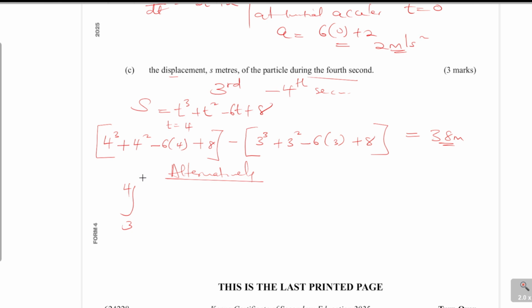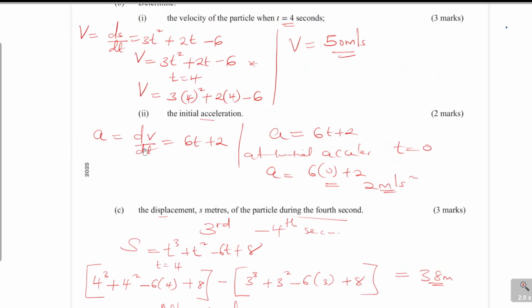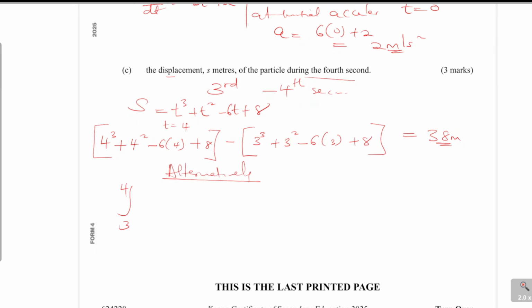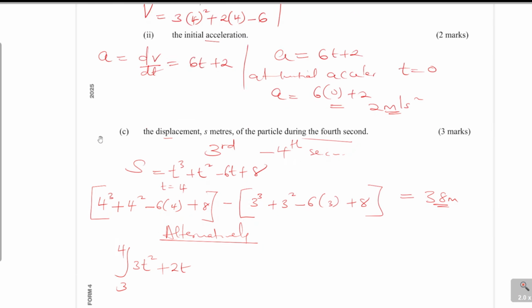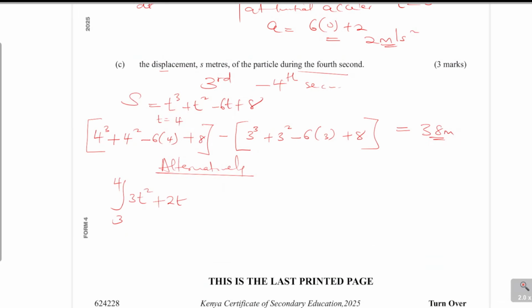So the expression for velocity, what is it? 3t squared plus 2t minus 6. When you integrate velocity with respect to t, you get displacement: t cubed plus t squared minus 6t plus a constant of integration, between 3 and 4.